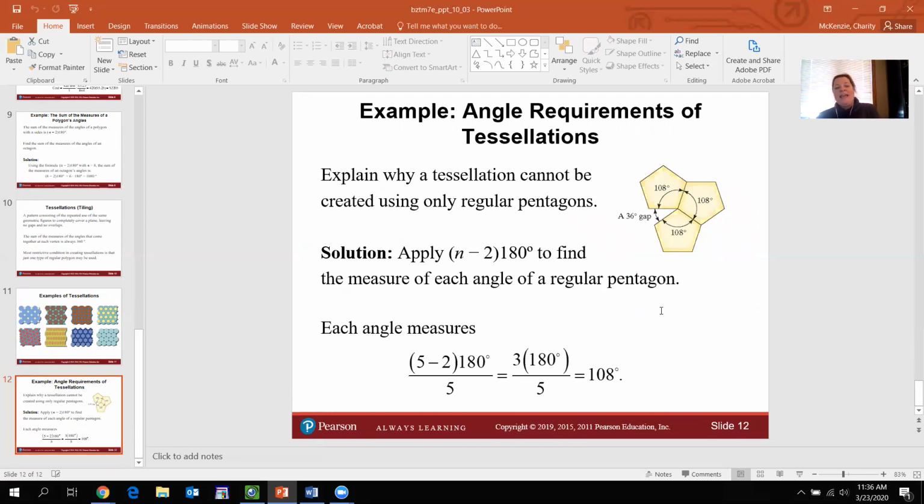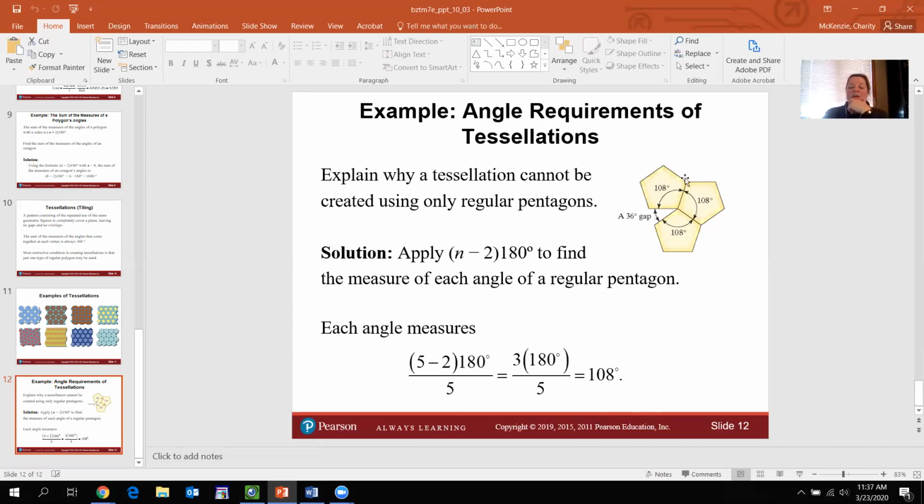So this is one that they're looking at, which I like because it's just one shape. Most of the problems I tried to assign will be just one shape. But if I look at this, this is a 5-sided figure. So we have to do 5 minus 2 times 180 to get what the whole inside of this pentagon adds up to, and we have to divide it by 5 sides, 5 angles, to get what each angle equals, which is going to be 108.